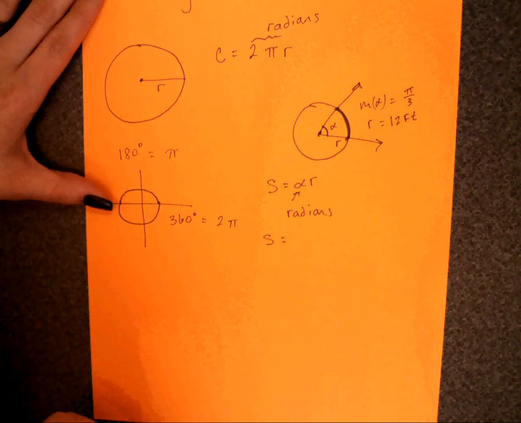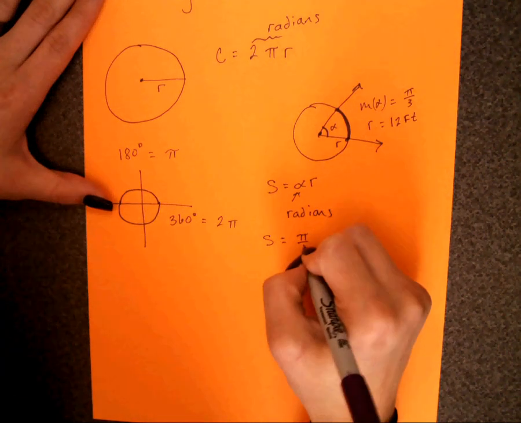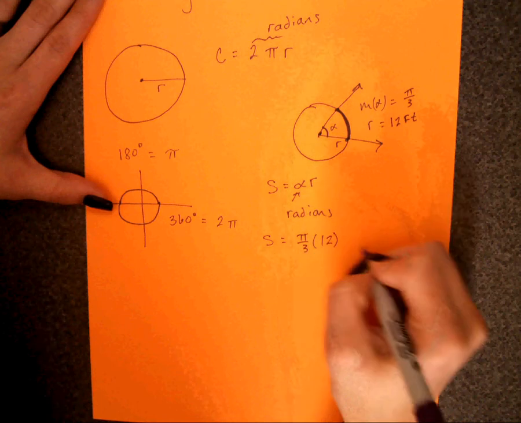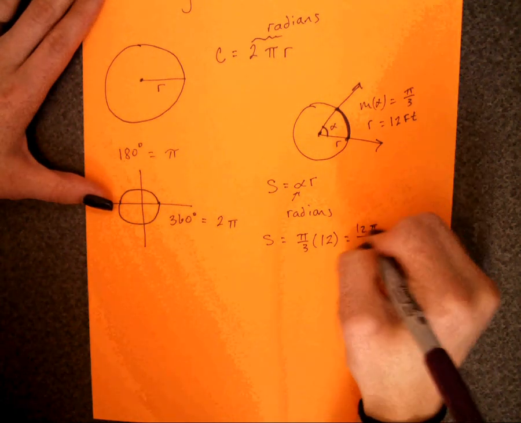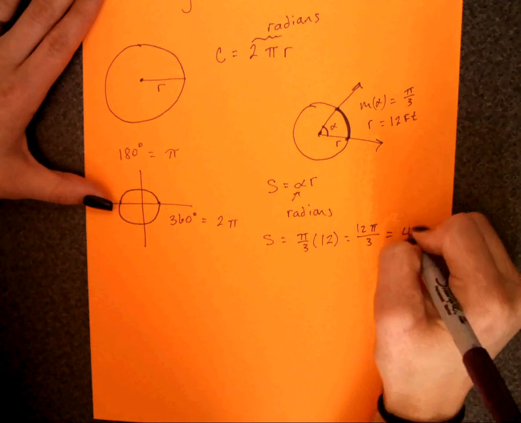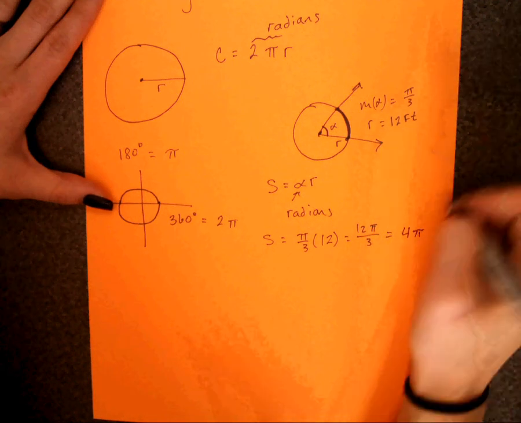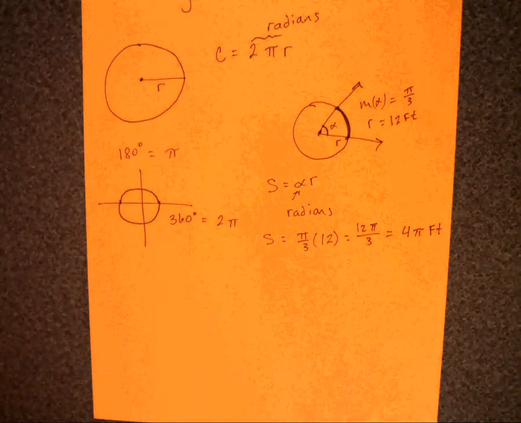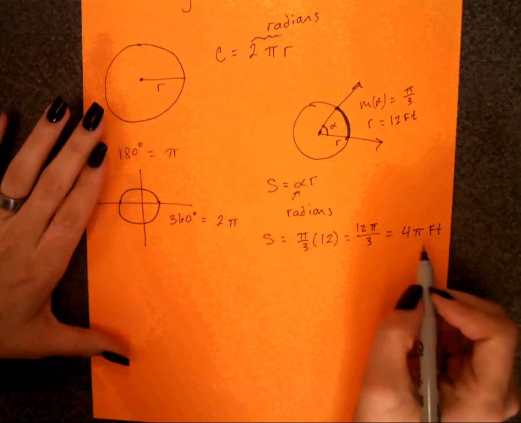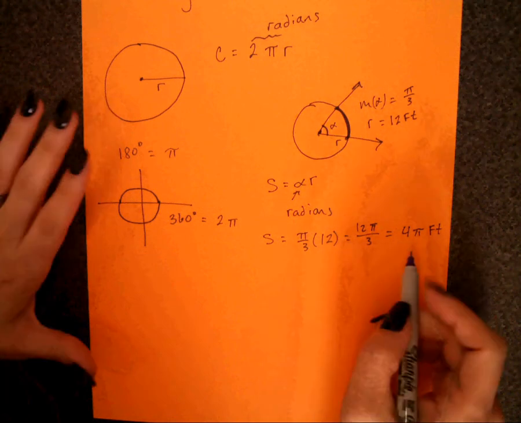Then my arc length, S, is equal to pi over 3 times 12. So 12 over 1 gives me 12 pi over 3, which is 4 pi, and our unit was feet. So 4 pi feet.